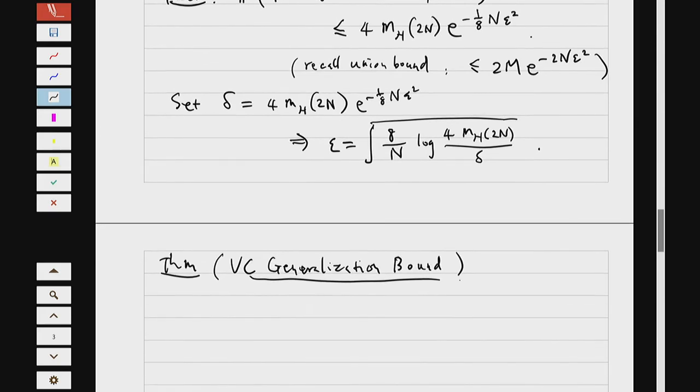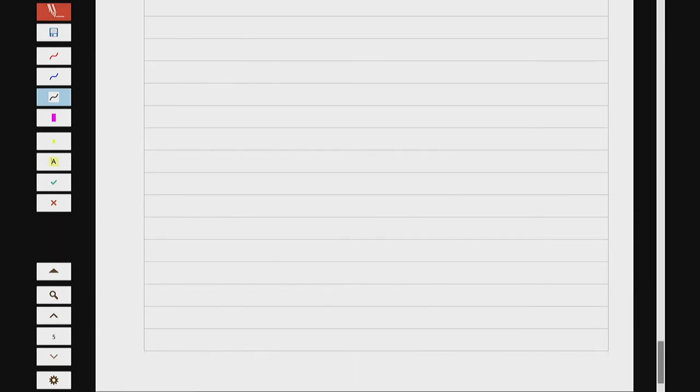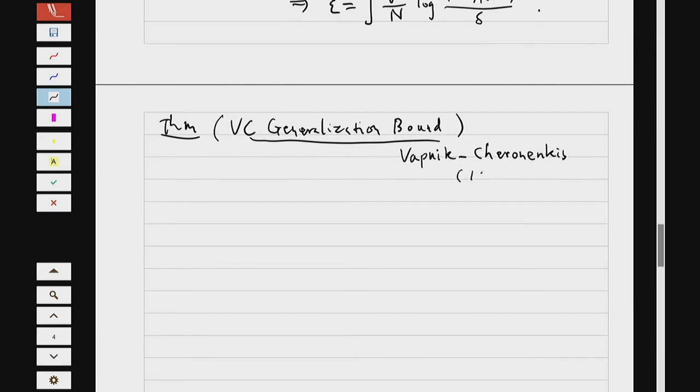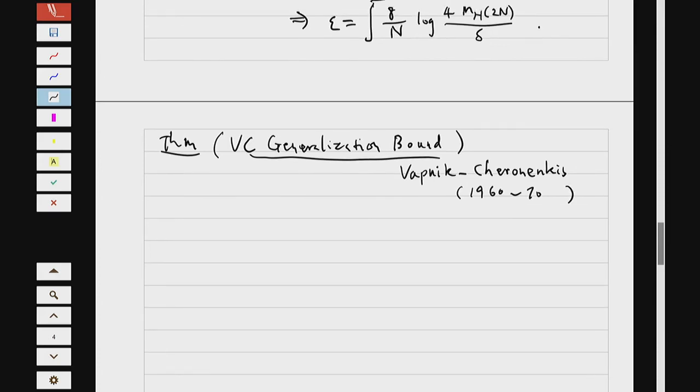VC is from two names, Vapnik, and the C is Chervonenkis. It's in the late 1960s to 70s. The reason for the range is that they wrote this in Russian. The original paper was in Russian, and it took a few years for the information to get to the West, translated into English in the early 70s.